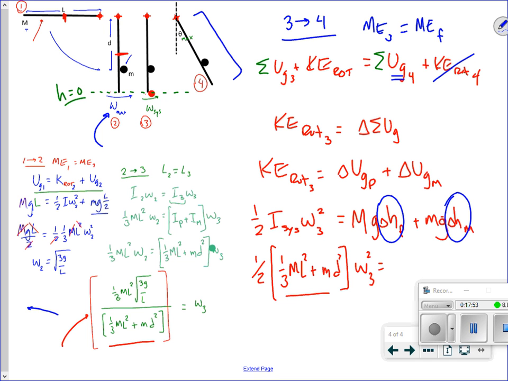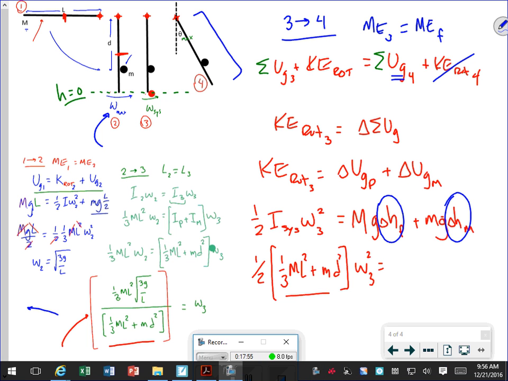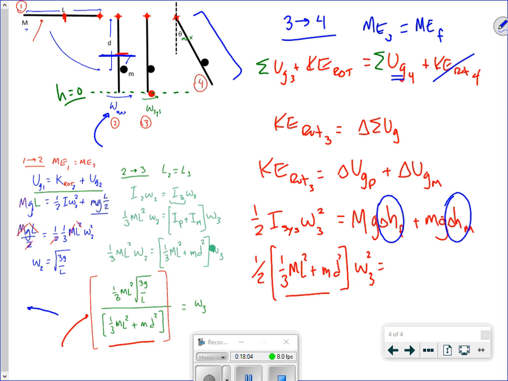really is about where its center of mass is and gets to. All right, and its center of mass starts here, and it ends a little higher up, there.